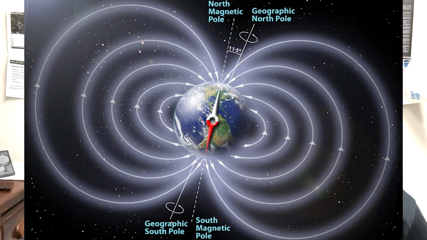But the Earth has an electromagnetic field. A lot of people believe it's because of the way that the Earth's core moves. It produces an electromagnetic field that is just like any other magnet. It has a north end and it has a south end.